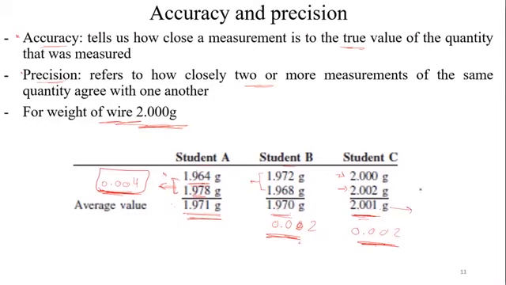So the difference between this value and the true value, which is 2, is 0.001, while for this one the difference from the true value is 0.03, which is higher than this one. So I would say that student C has higher accuracy than student B because the difference here is less than the difference in that case.